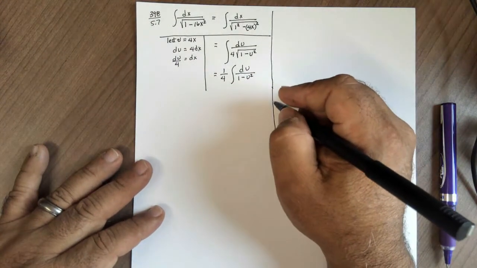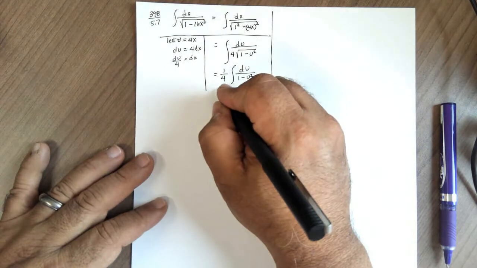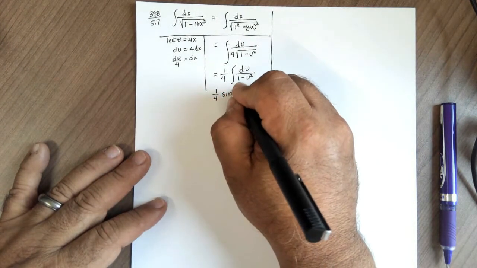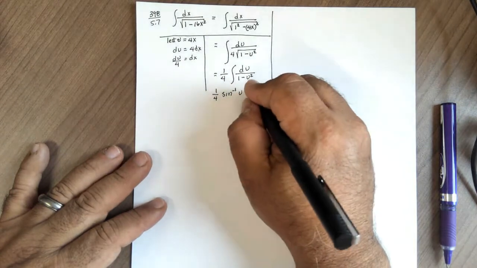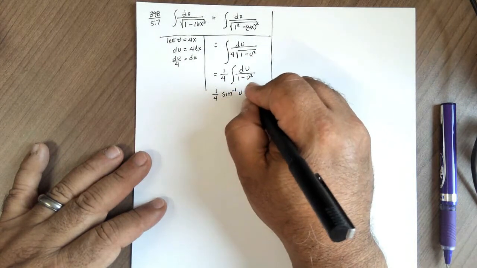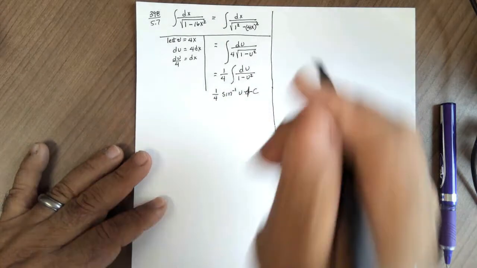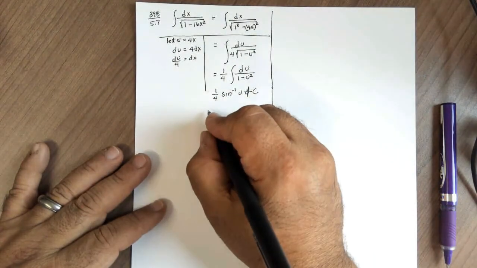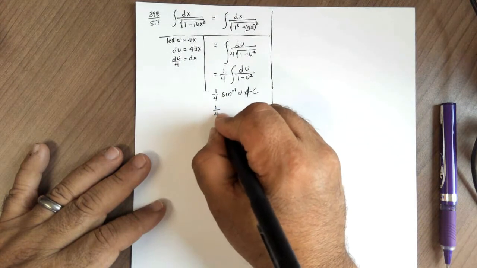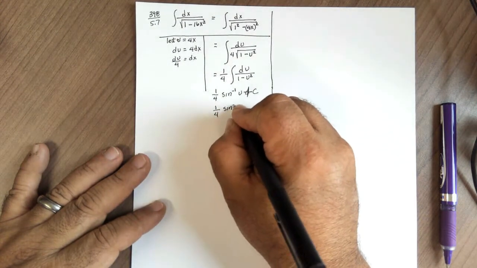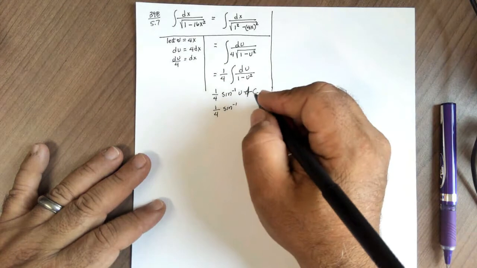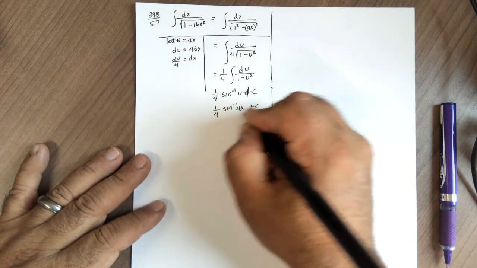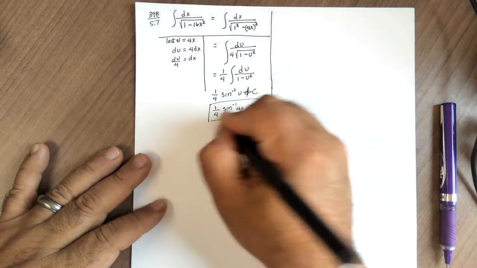So what we're going to get is 1/4 sine inverse of u plus c, right? And so going back, we're going to get 1/4 sine inverse of 4x plus c. And there's your final answer.